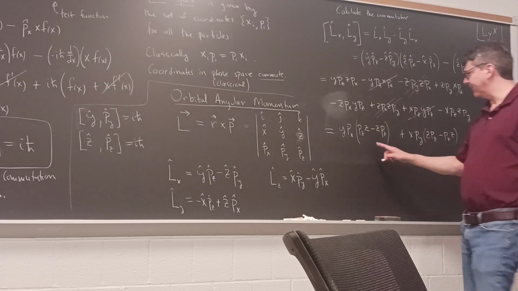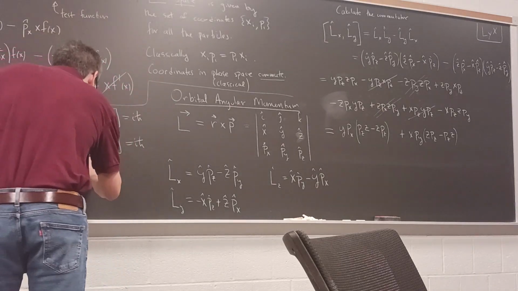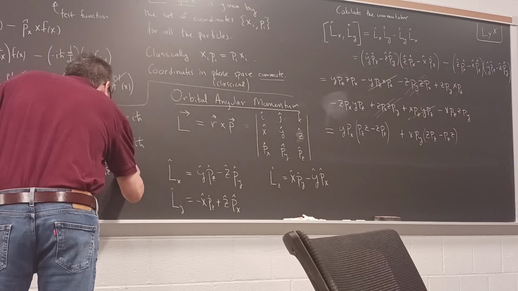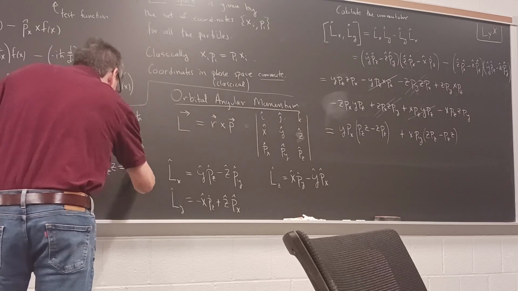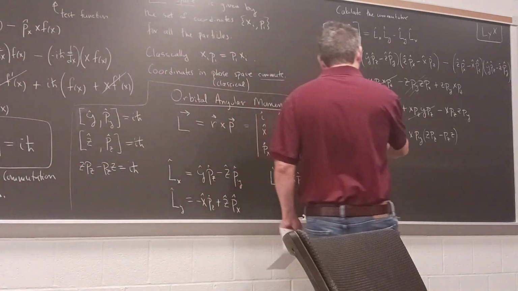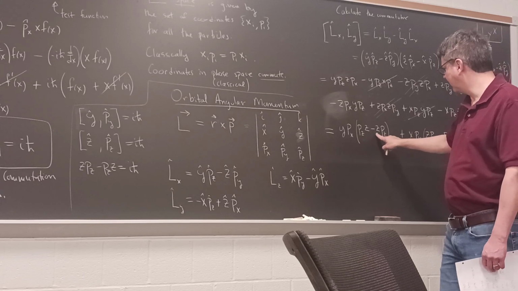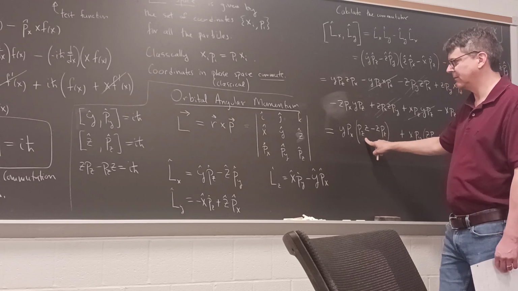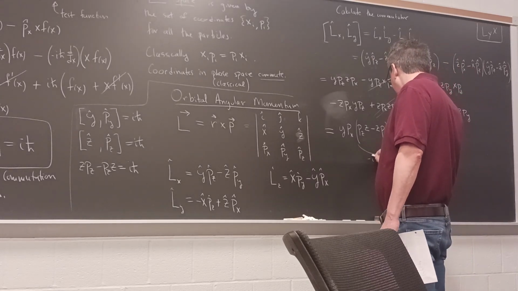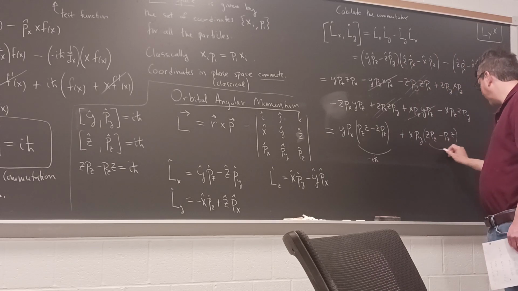All right, so what do we have? We have this commutation relation with z and pz says that z pz minus pz z is equal to i h bar. So what I have here, I have just the negative of that, right? I have minus z pz plus pz z. So this is just minus i h bar. And then here I have plus i h bar.